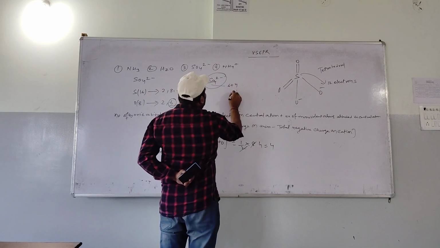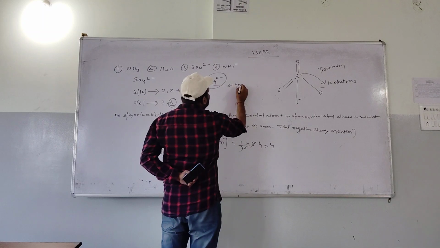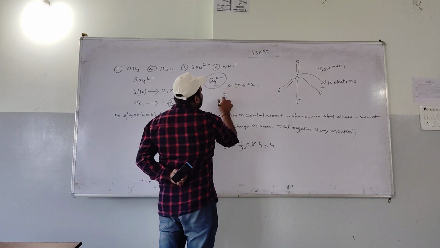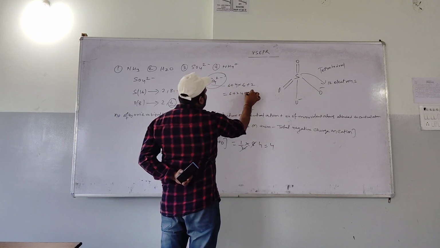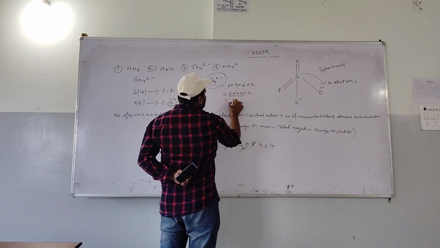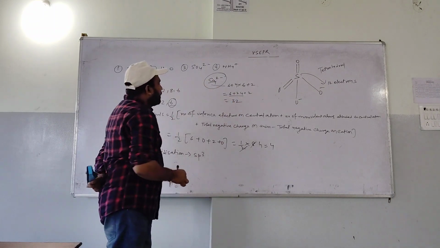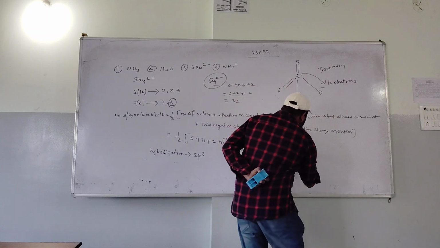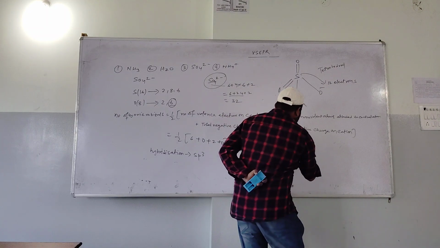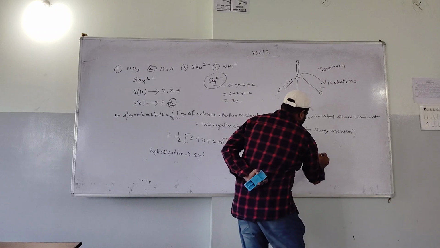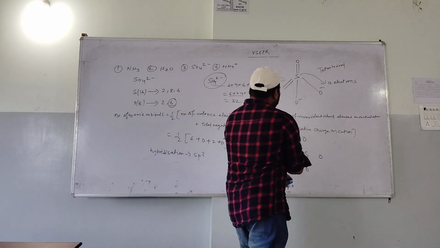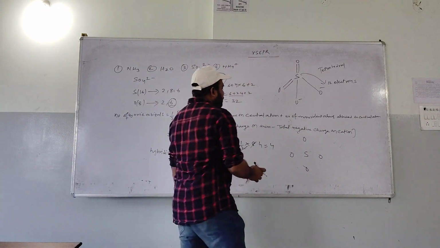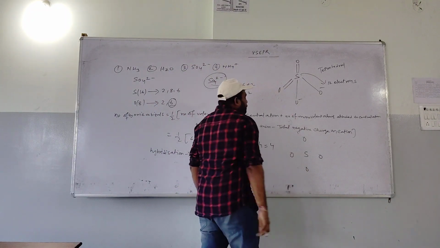If you talk about its electron dot structure or Lewis dot structure, the SO4 2 minus species has 6 plus 4 multiplied by 6 plus 2 total number of electrons. So 6 plus 24 plus 2, it is 30 plus 2, 32 electrons. Okay, first we need to complete the octet of the outermost atoms.